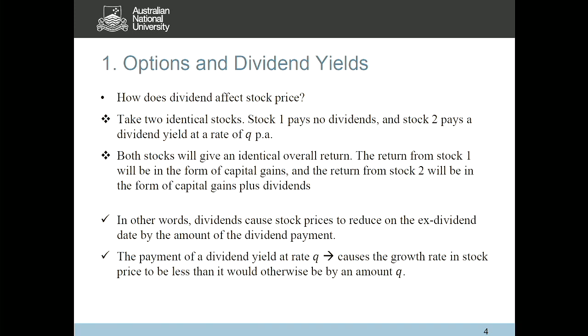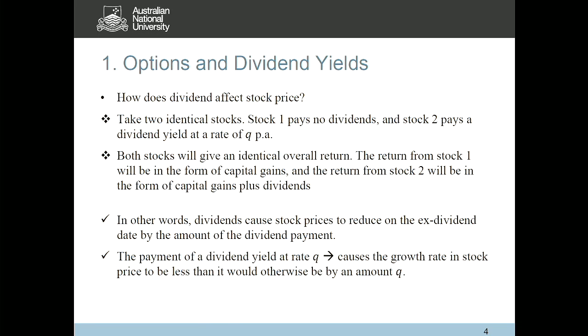What we know about the cash dividend is that the dividend would cause the stock price to reduce on the ex-dividend day, right? The dividend would cause the stock price to reduce by the amount of the dividend payments. Why?